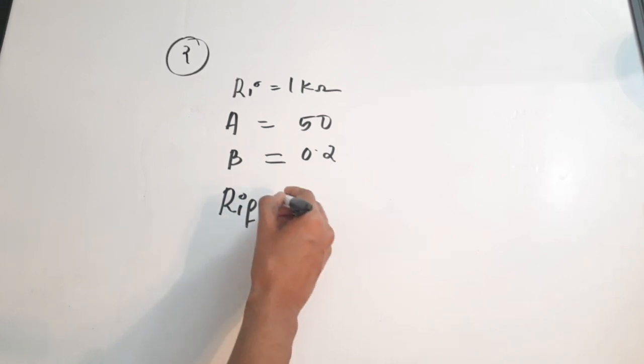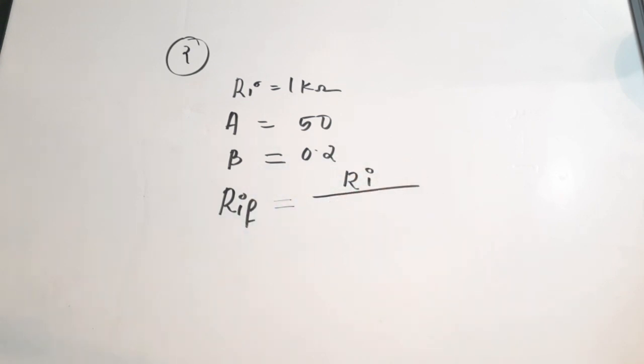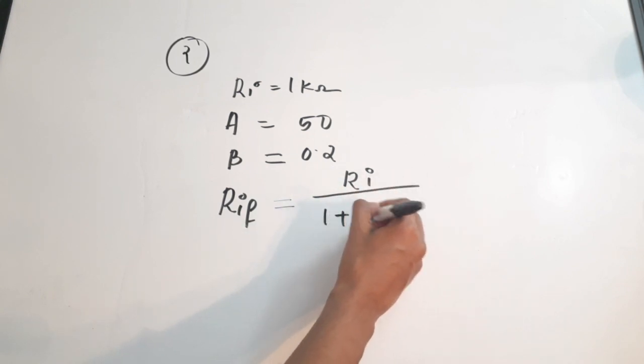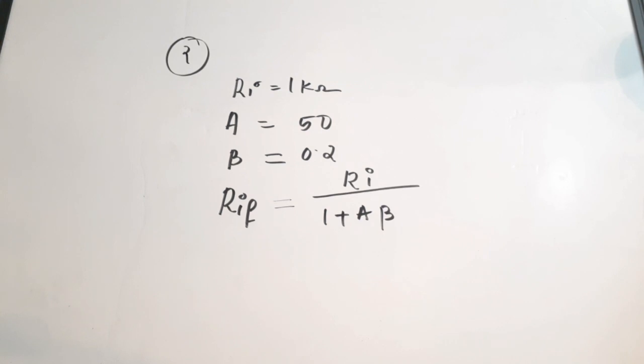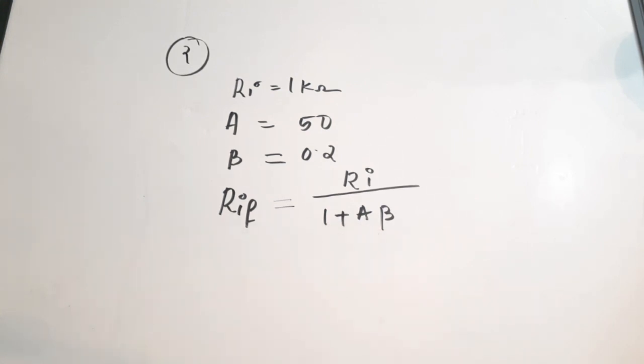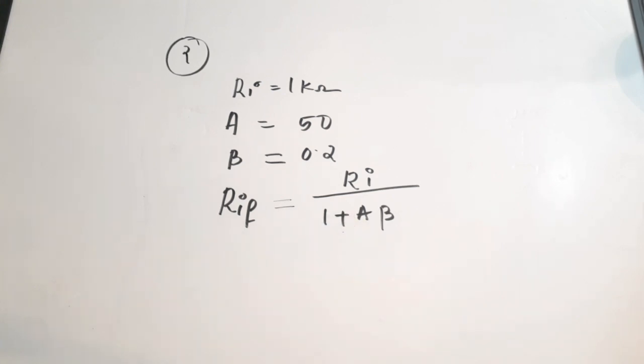RIF is equal to the input resistance divided by 1 plus A beta, where Ri is 1 kilo ohm, A is the gain of the amplifier, and beta is the feedback factor. Since we are using negative feedback, this is plus. If it is positive feedback, then it is minus. Those are basic concepts. So this is the equation for finding the input resistance of the feedback circuit.